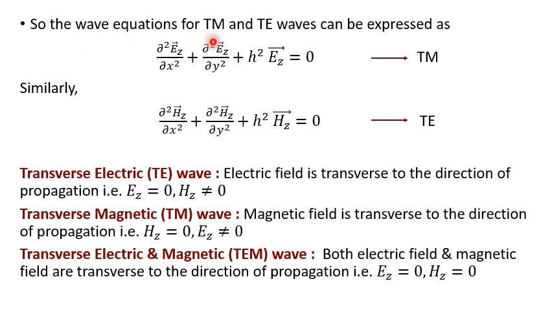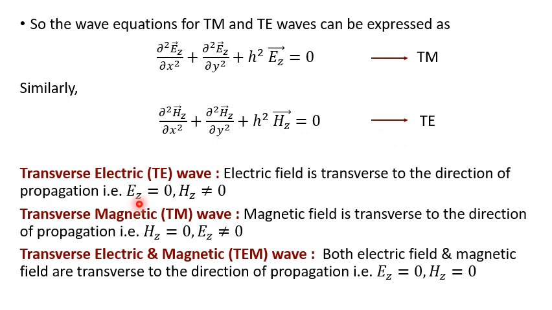The wave equations for TM and TE waves can be expressed as dou square Ez by dou x square plus dou square Ez by dou y square plus h square into Ez is equal to 0 for a TM wave, and dou square Hz by dou x square plus dou square Hz by dou y square plus h square Hz is equal to 0 for a TE wave.